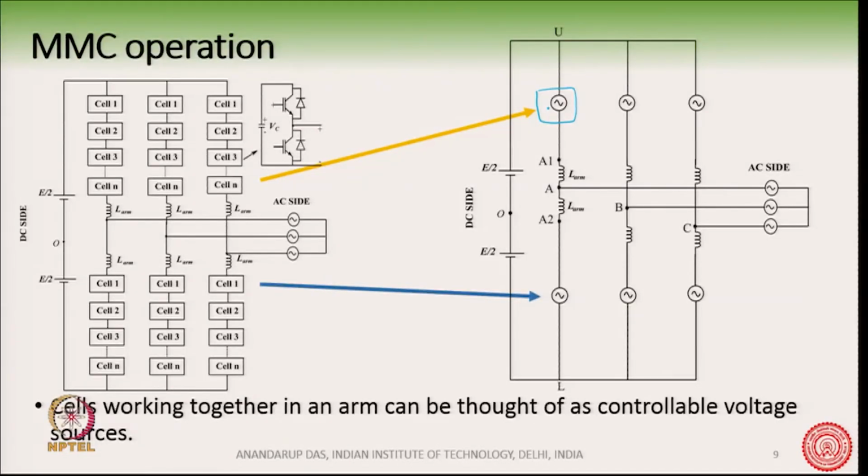So, you can see there are 6 such controllable voltage sources, which are working together. These 6 controllable voltage sources are completely independent of each other.